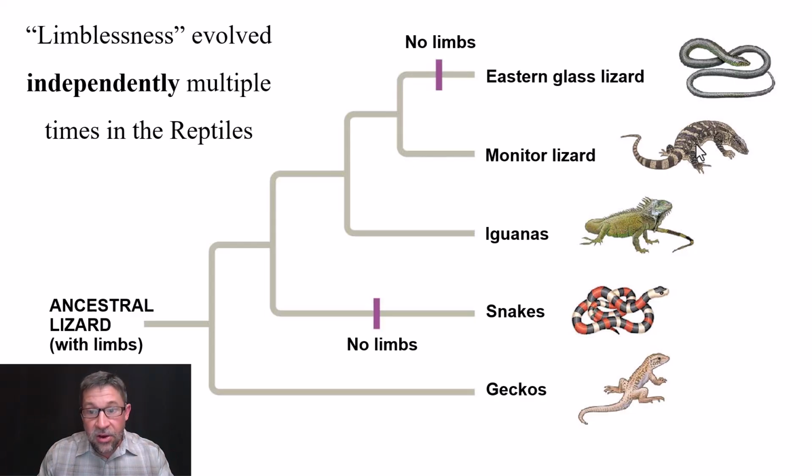The point here is that both of these lineages have converged on a similar ecological niche. Both glass lizards and snakes are hunting small prey, arthropods, amphibians, and rodents in the leaf litter on the forest floor.